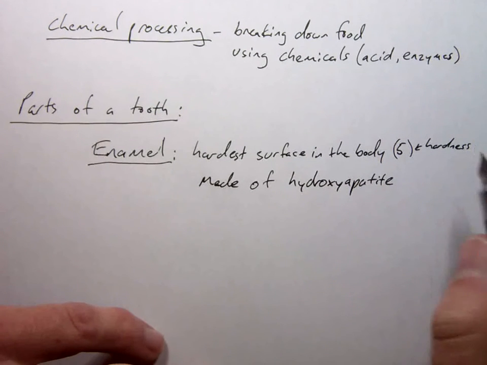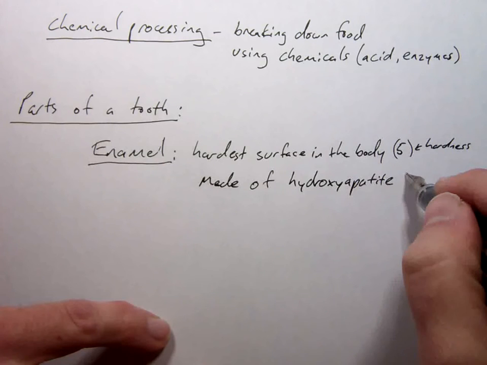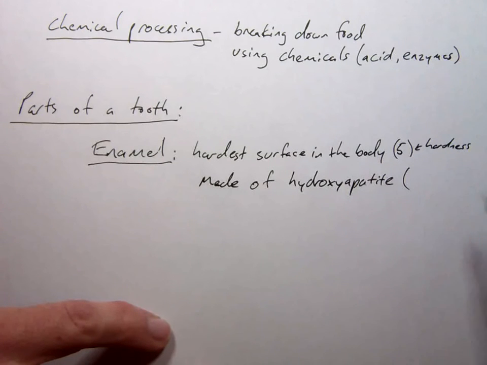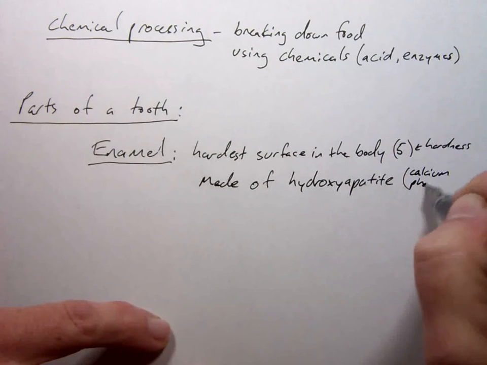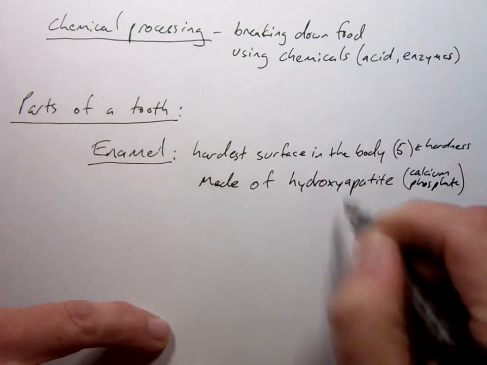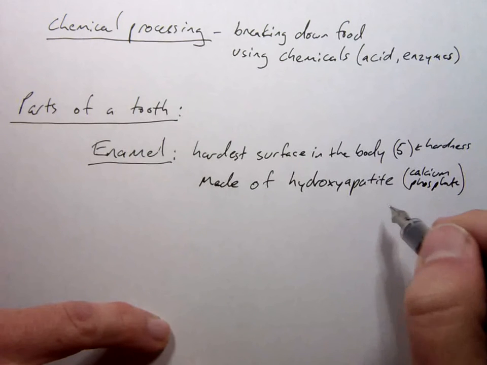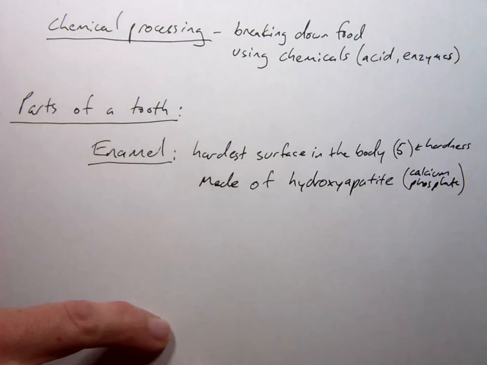Hydroxyapatite is basically another form of what's known as calcium phosphate. They refer to it as hydroxyapatite because of how the molecule is set up: it has a hydroxyl group on the end that can bond to another ion, which can be a fluoride ion, a chloride ion, or another hydroxy ion.